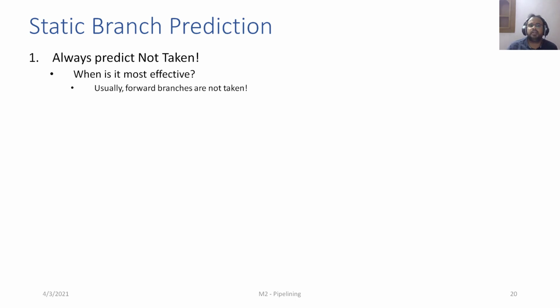It was found that usually the branches which are forward, meaning where we are jumping to some place later than this control instruction, are usually not taken. But this is an observation that was made, and the implementation of always not taken is quite simple, right? And we don't even need the branch target buffer, because there is no notion of target here. Target would only come when we want to predict that it will be taken.